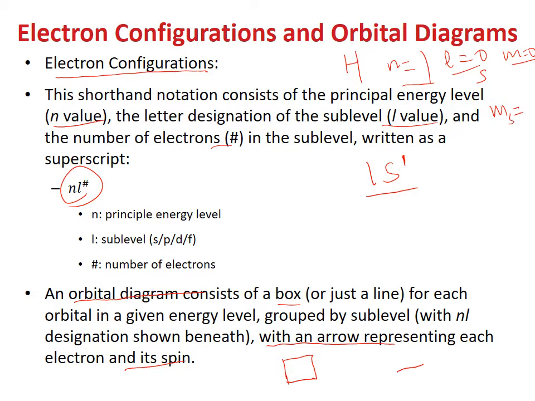Because when you have 1 electron, ms can be written as half. And we write an arrow pointing up, spin up, to represent ms equals half. So 1 electron spin up, shown on the line, ms equals half.